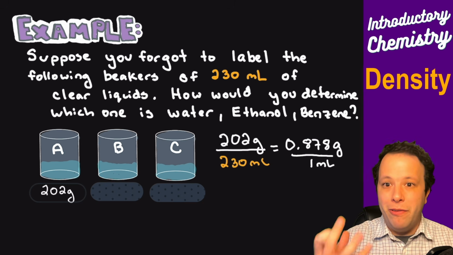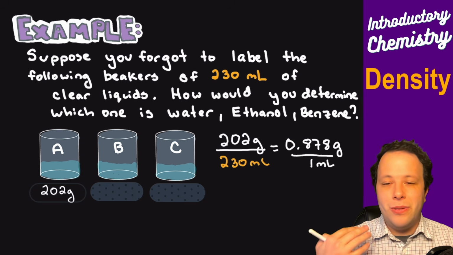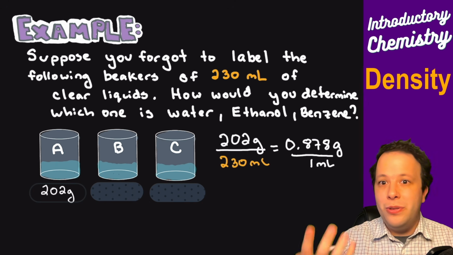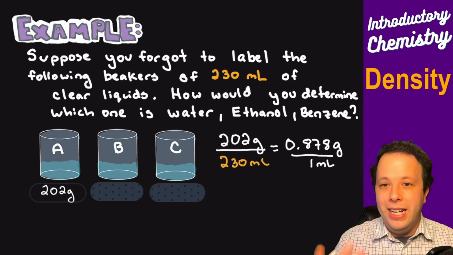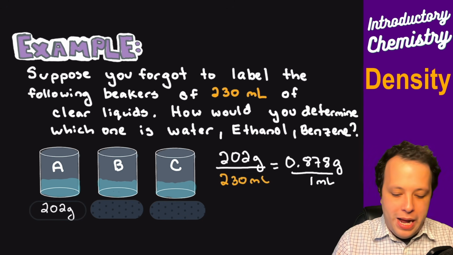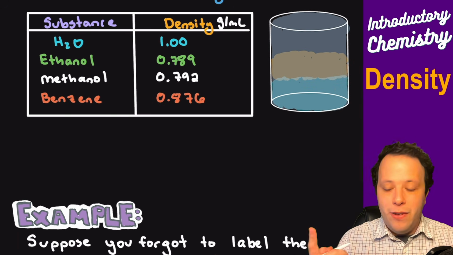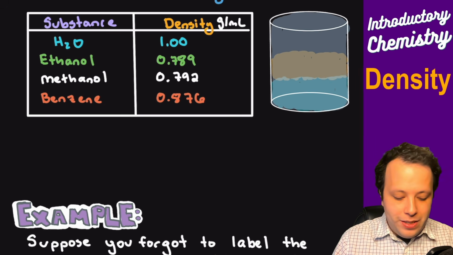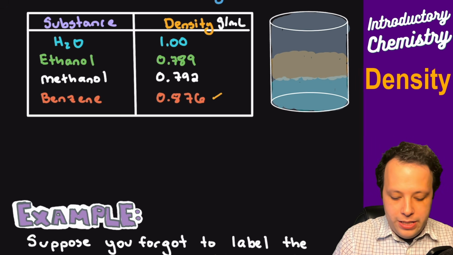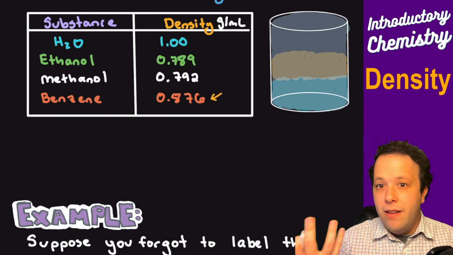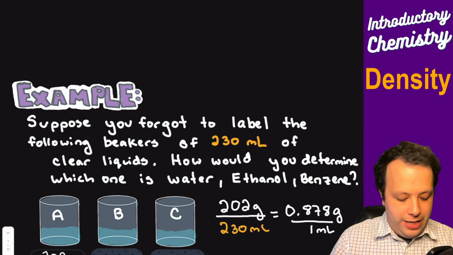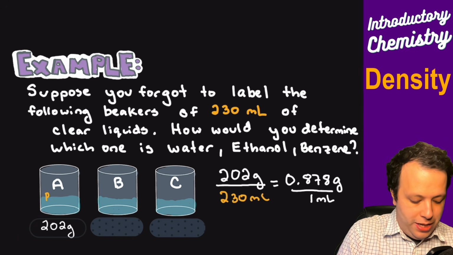So which one is it? If we go back to our chart from earlier, 0.878 is very, very close to benzene, which is 0.876. They're about the same. So let's say that the very first one is benzene.